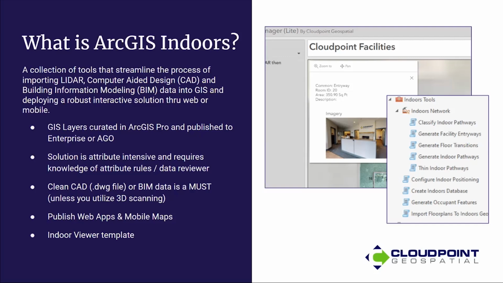So the simple explanation is ArcGIS Indoors is the method and the means to produce indoor GIS products. Indoor GIS, I guess, is a bit more of a broader terminology, whereas ArcGIS Indoors is the means to produce those things.